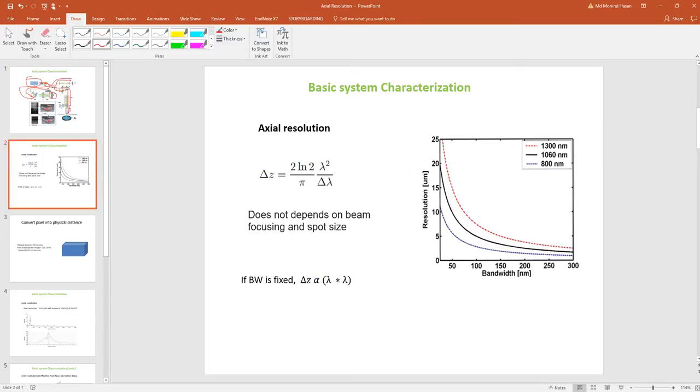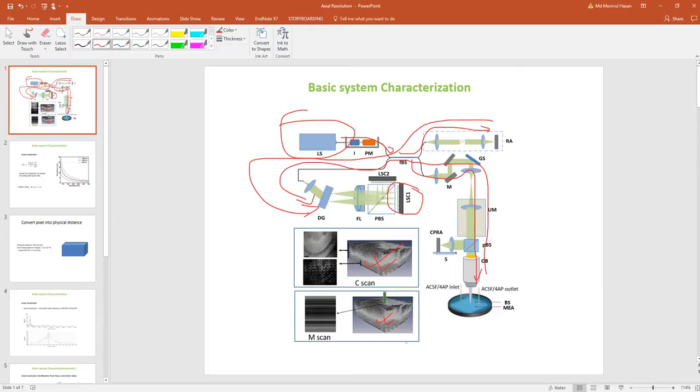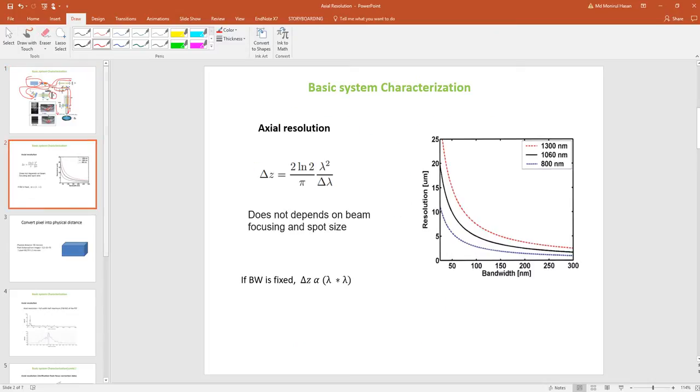For the axial resolution, it tells you how small the things are that you can see in the z direction. The equation of the axial resolution is this, where del z is the axial resolution.